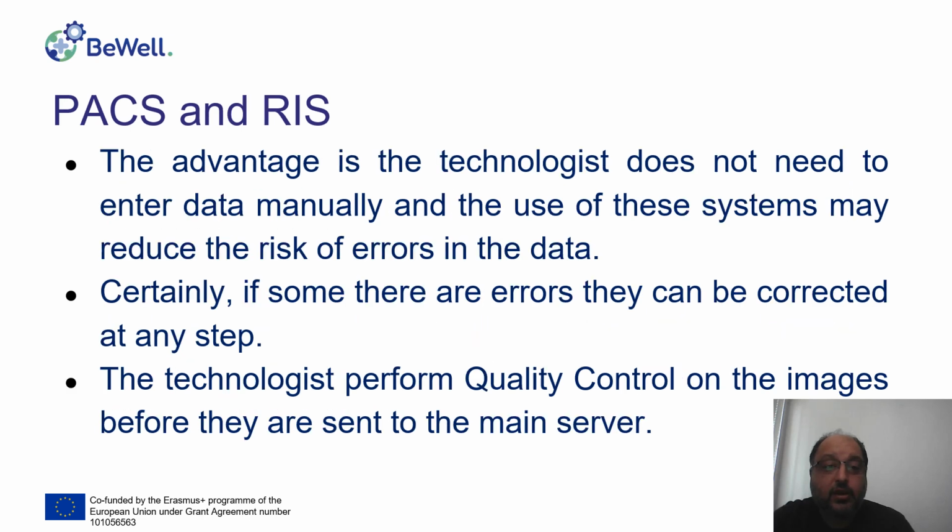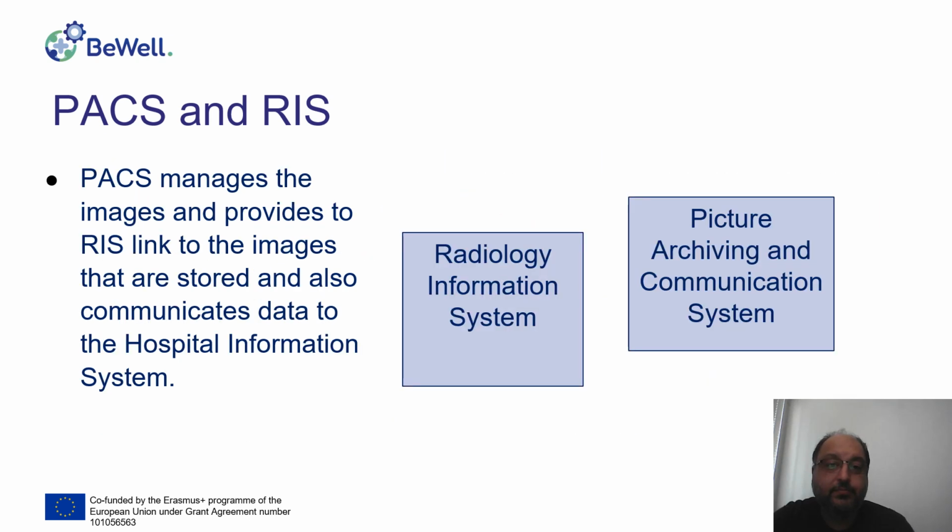The advantage is that the technologists do not need to enter the data again and again, and this means fewer errors. So the technologists just check that the proper patient is at the proper device, and check this information, of course. They may correct some information. After the image is ready, the technologists perform quality control on the images and then they are sent to the main server.